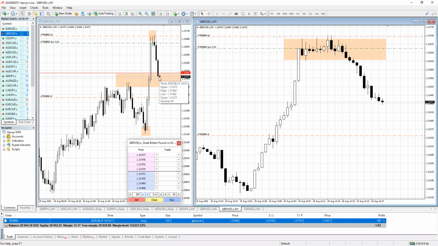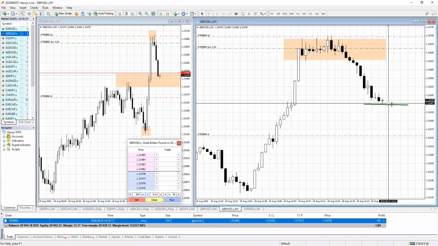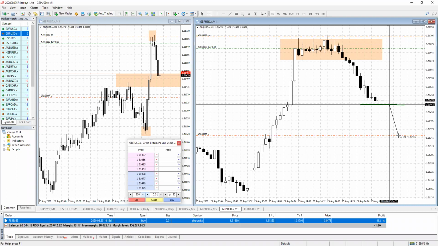So if I add a new position right here, where the market is, let's say at this level, that trade would also go out here. So that would be 10 pips.